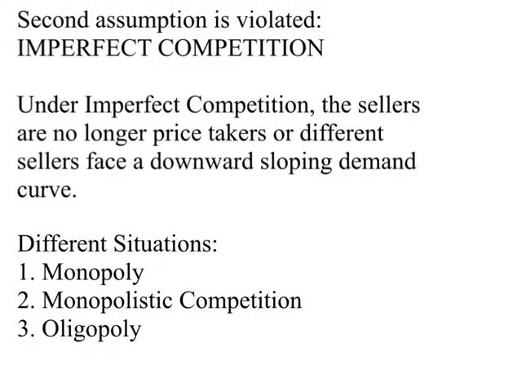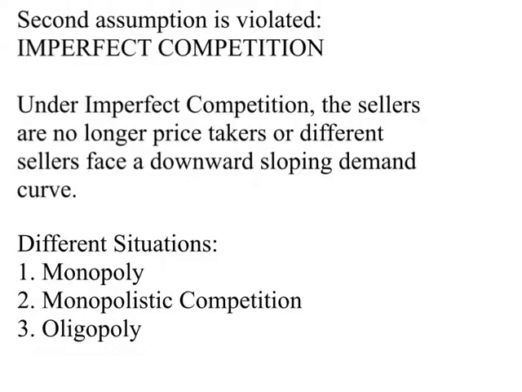And let us start with the second assumption. The second assumption is the market has very large number of very small sellers, and under imperfect competition we will have less than very large number of very small sellers.